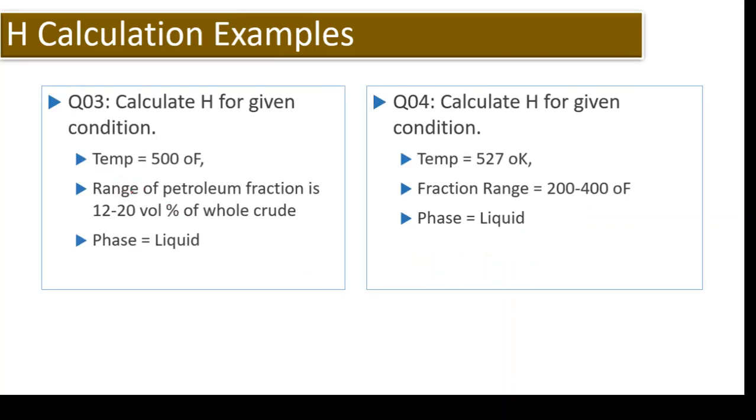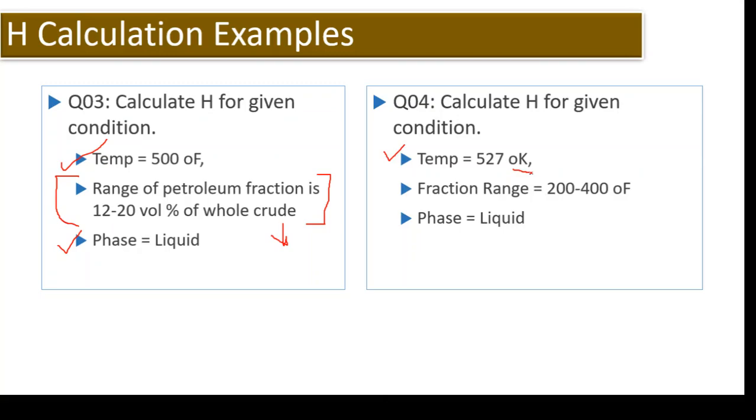These are a few questions that you have to calculate by yourself. For example, in question 3, temperature is given, phase is given. The turning point is that the range of petroleum fraction is 12 to 20 volume percent of the whole crude, and what we need is the API. So API is missing. We have to find the API of this given one, and you know how to find it. In question 4, temperature is given, but it is in Kelvin.